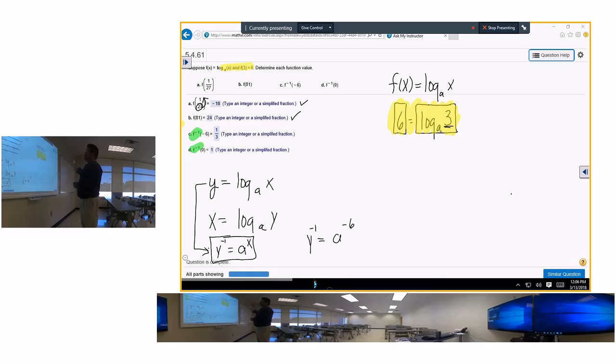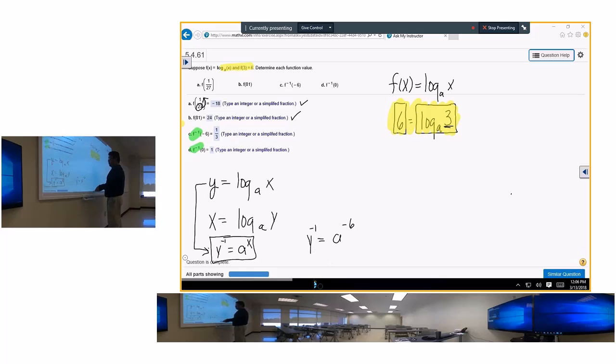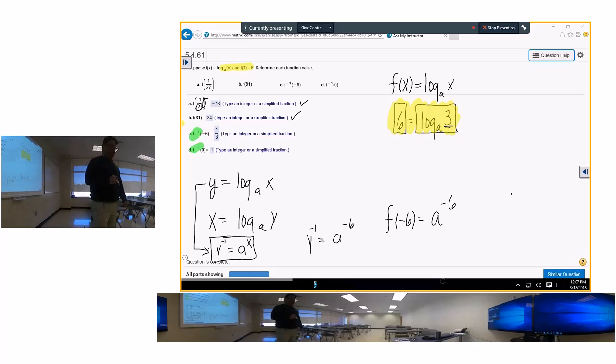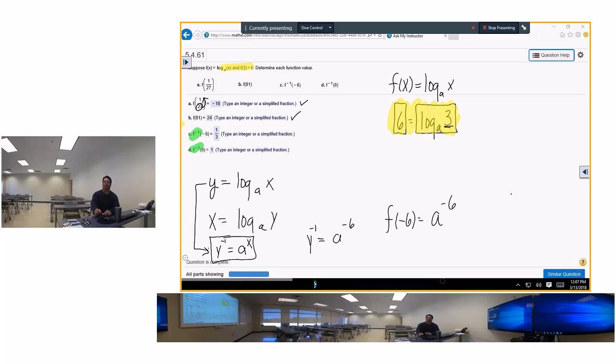Wait a minute, plugging in negative 6. So if I've got y to the negative 1 is equal to a to the x, or f of negative 6 is equal to a to the negative 6, then of course that is a negative exponent. And of course you need to rewrite that. Rewrite that right quick and see what you get.